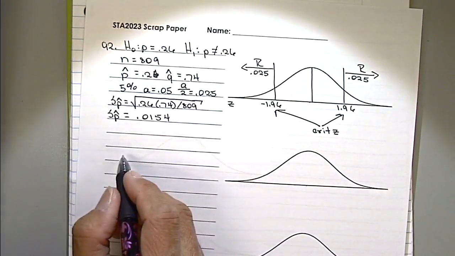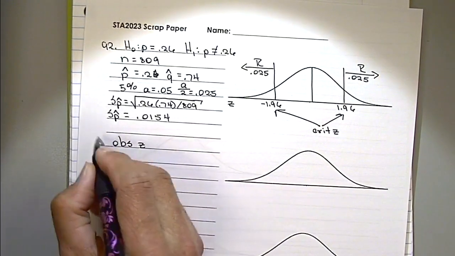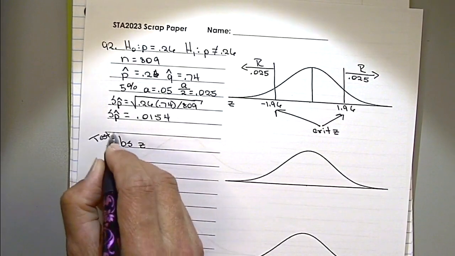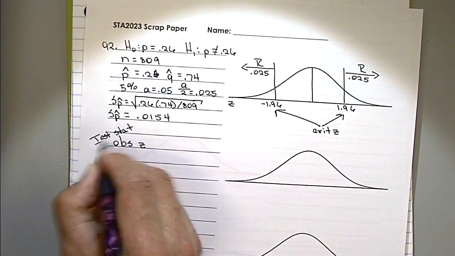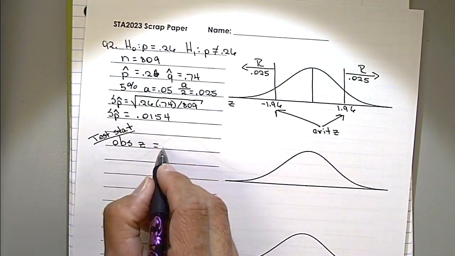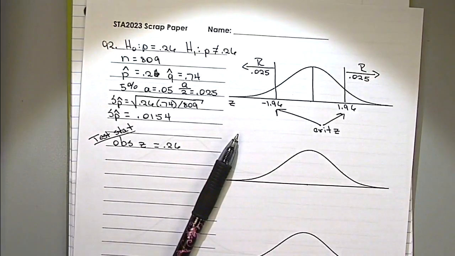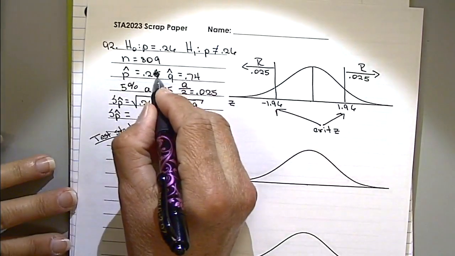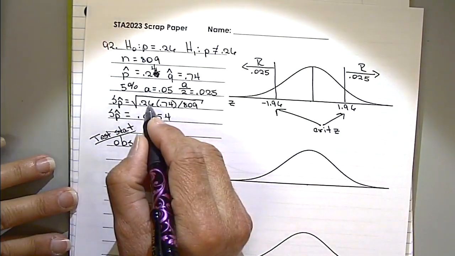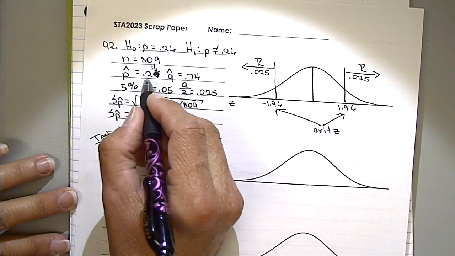I'm going to use it to get my observed value for z, which is the test statistic, right? The test statistic is going to equal, well, whatever the sample proportion was, which was 0.26, wasn't it? You know what? Brain damage here, because that was supposed to be 0.24. And what I'm using is not p hat and q hat.